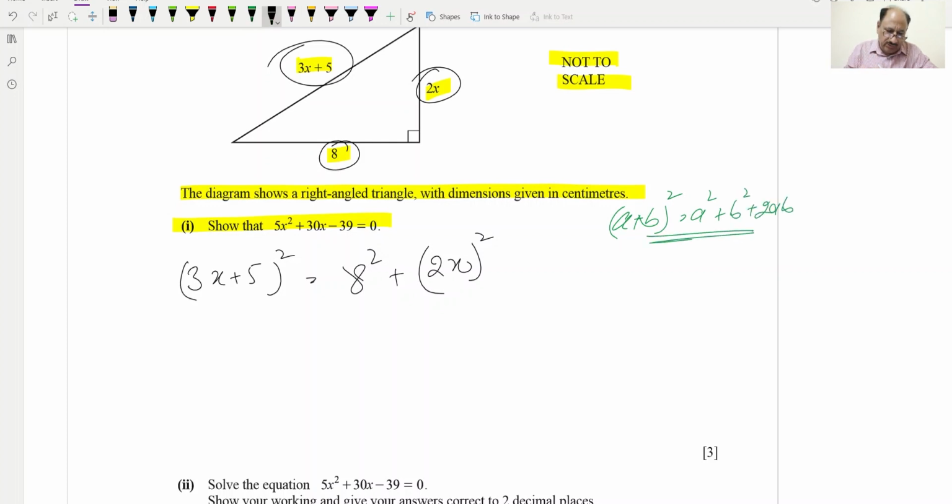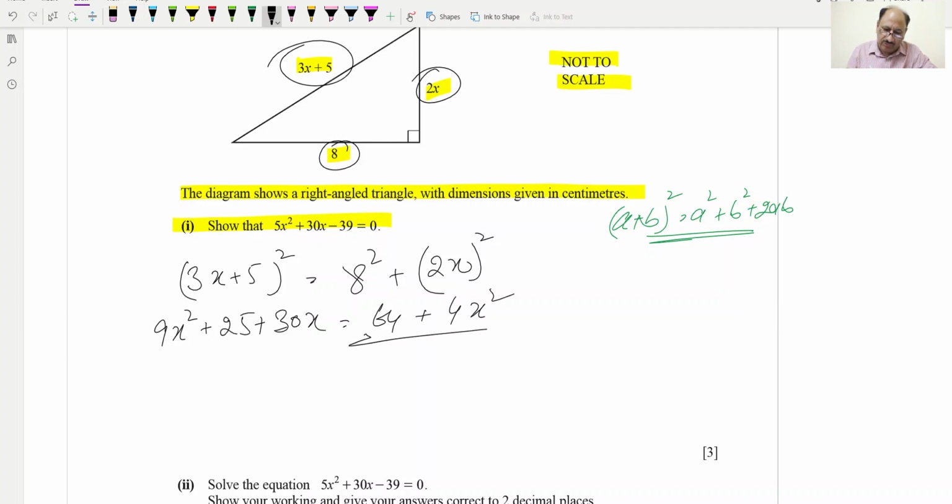Applying this, it will be 9x squared, a squared plus b squared will be 25, plus 2ab, so 2 into 3 will be 6, 6 into 5 will be 30, so 30x, is equal to 8 squared, which is 64, plus 4x squared.